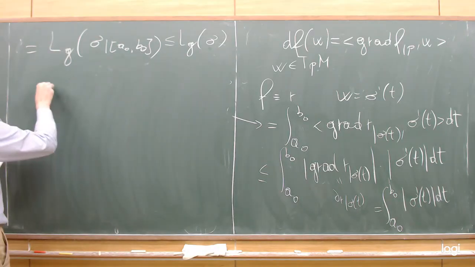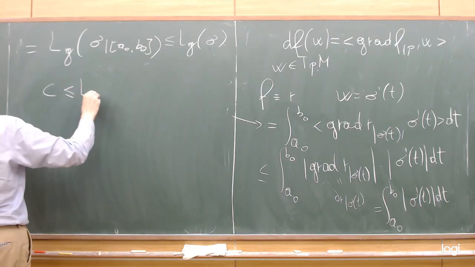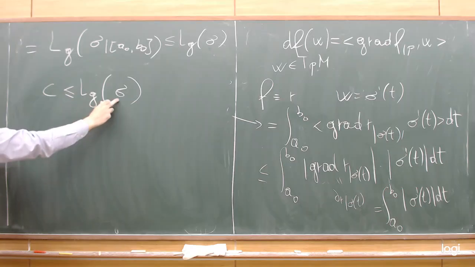So we prove that C is smaller or equal to the length of sigma.